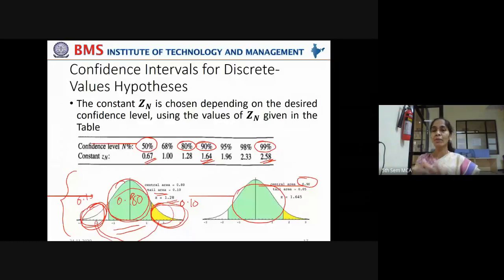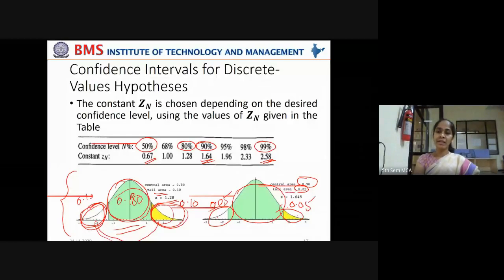It will not make more errors than that. But 10% of the time there is a chance that true error may be higher or lower. Higher for this side, lower for this side. That is how the tail areas are taken as 0.05, 0.05. This side it is 0.05 and this side it is 0.05.